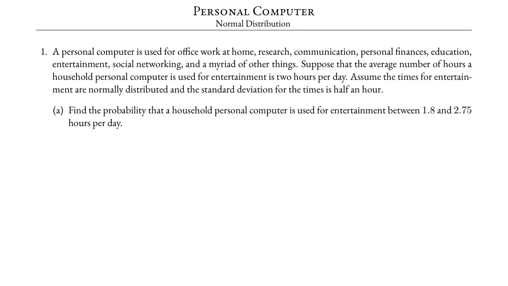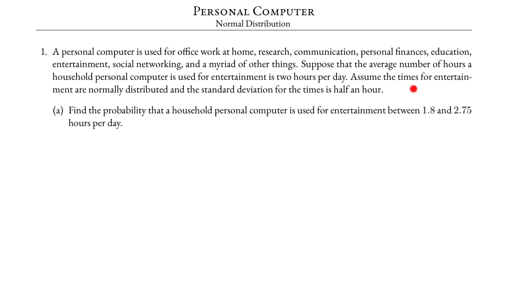A personal computer is used for office work, at home, research, communication, personal finances, education, entertainment, social networking, and a myriad of other things. Suppose that the average number of hours a household's personal computer is used for entertainment is 2 hours per day. The average is the mean.